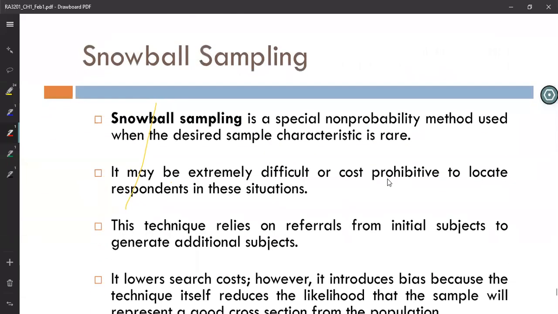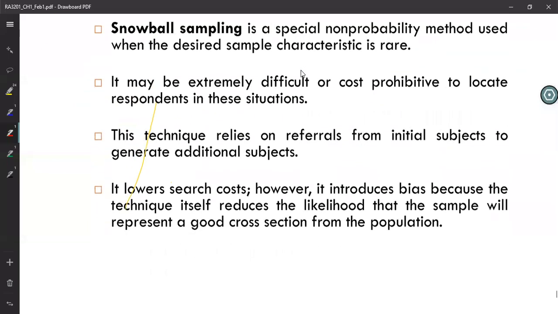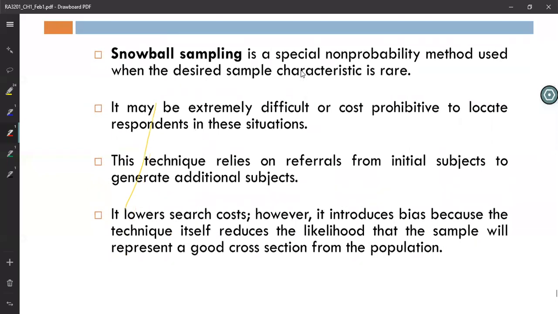Then comes the snowball sampling. This is actually something very interesting. This is used when the researcher cannot get access to everybody in the population, but he has access to the first level. So what we do here is, I'll explain it using an example.